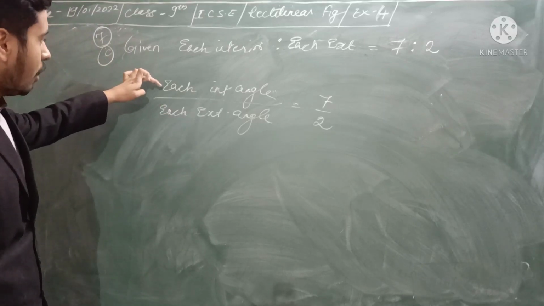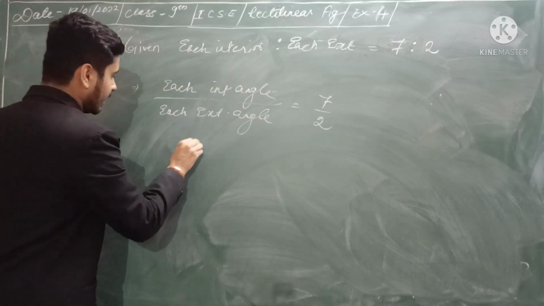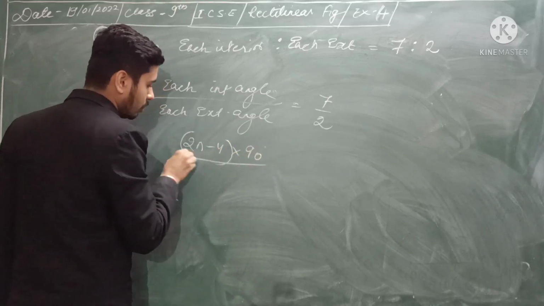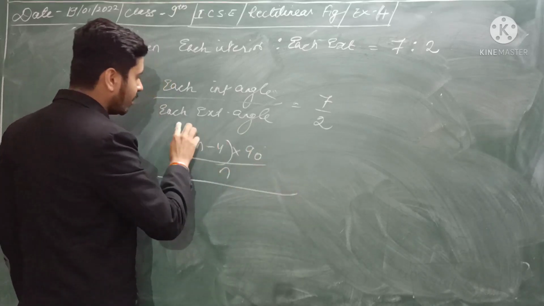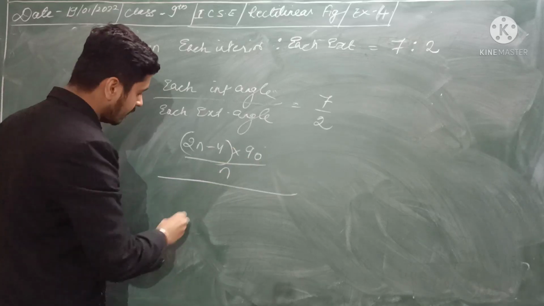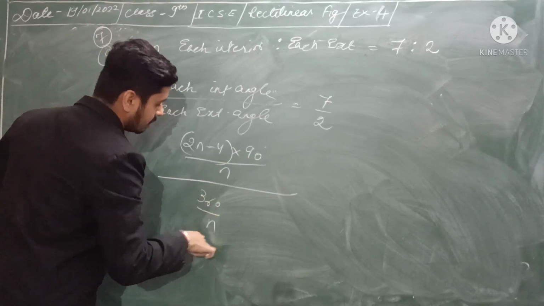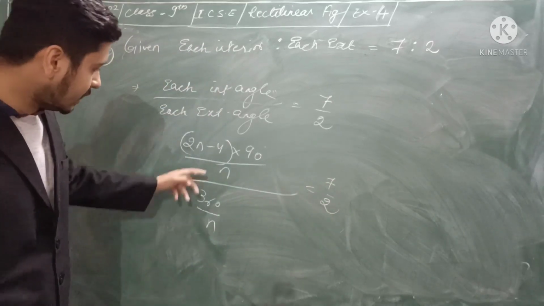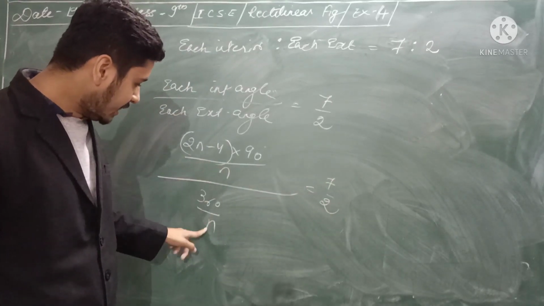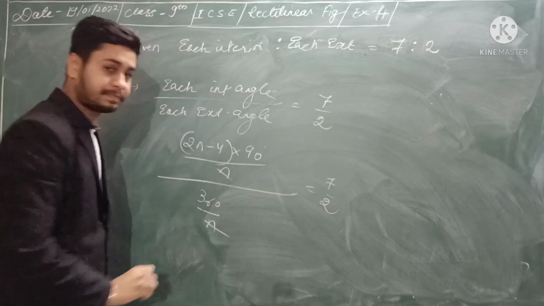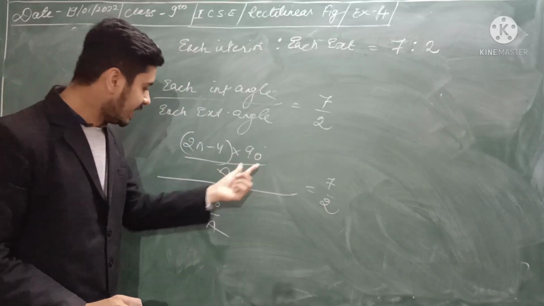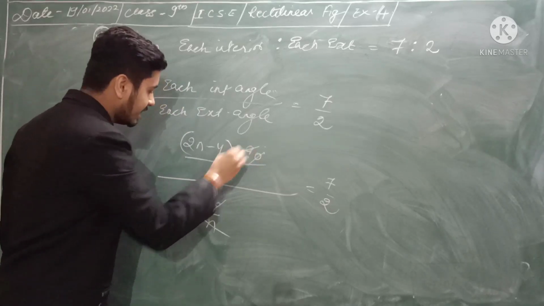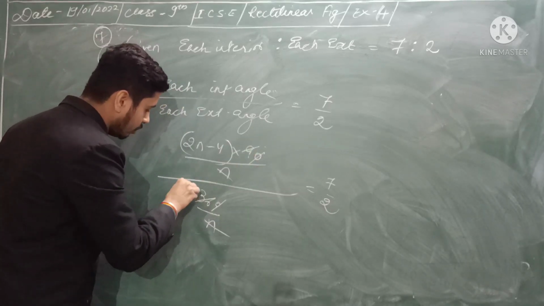We know the formula of each interior angle. What is that? 2n minus 4 into 90 whole upon n. And we know the formula for each exterior angle as well, which is 360 upon n, is equal to 7 by 2. Now can you see that this n can be easily cancelled? And this 90 and this 360 we can cancel, 0 with 0, and 9 is cancelled with 36 to get 4.